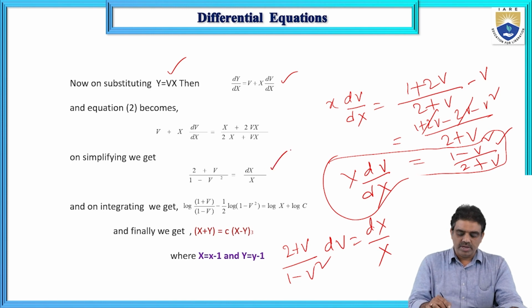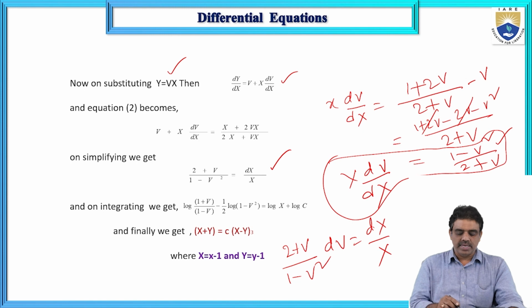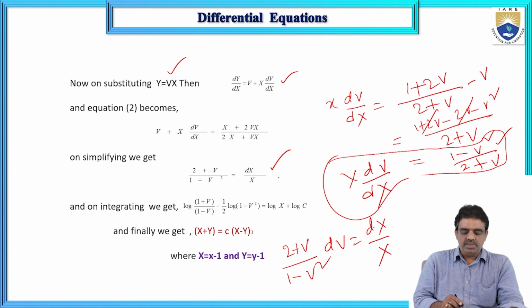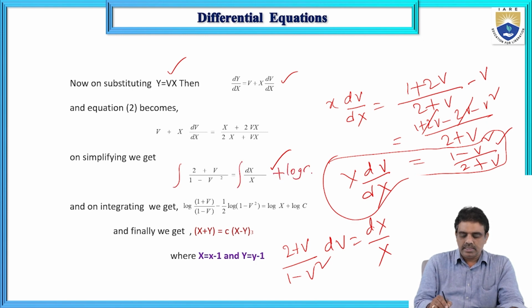So that equation we obtained here. Now to find the solution of this, we integrate both sides. Then integral of this one is equal to integral of this one plus log c.